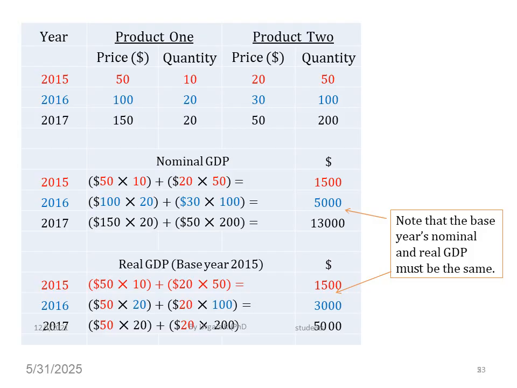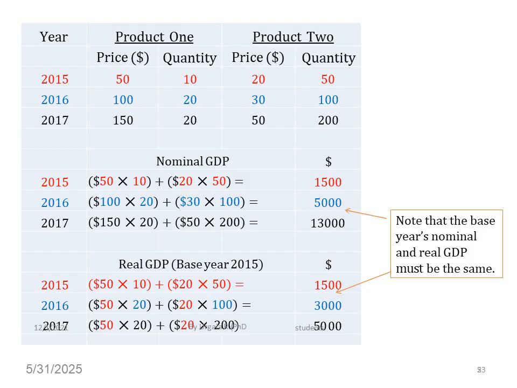What about 2017 nominal GDP? We use 150 price for product 1 and quantity 20, plus $50 price of product 2 times 200 quantity. It becomes 13,000. Let us see the change.